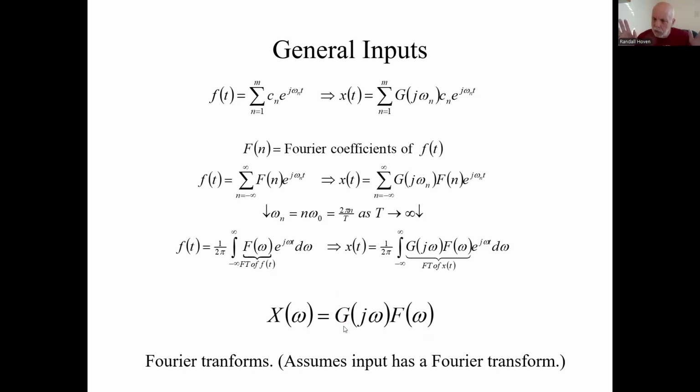But since in my course, I only talk about causal systems, and when that is the case, this G is actually the G we found using Laplace transforms, where we now plug in j omega for S. And all this assumes that the input has a Fourier transform.